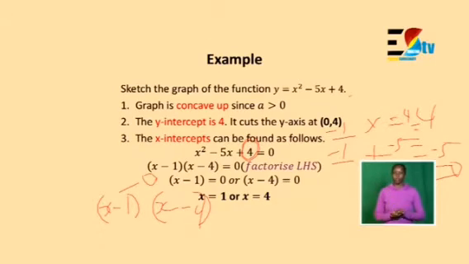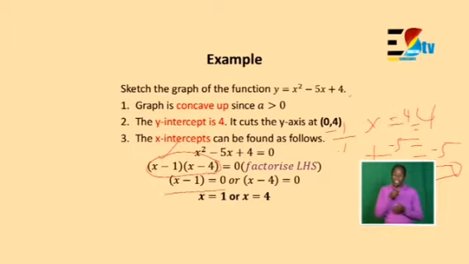After factorizing, what you do is this next step. For the left-hand side to be equal to 0, x minus 1 should be equal to 0, or x minus 4 should be equal to 0.